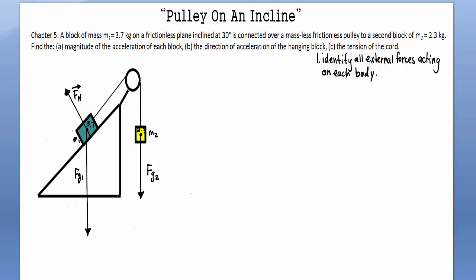Okay, so now we need to draw the components of each force. The normal force is completely perpendicular to the plane of incline, therefore it will have no x component. However, we have a gravitational force which will have an x and y component. So, right angle.